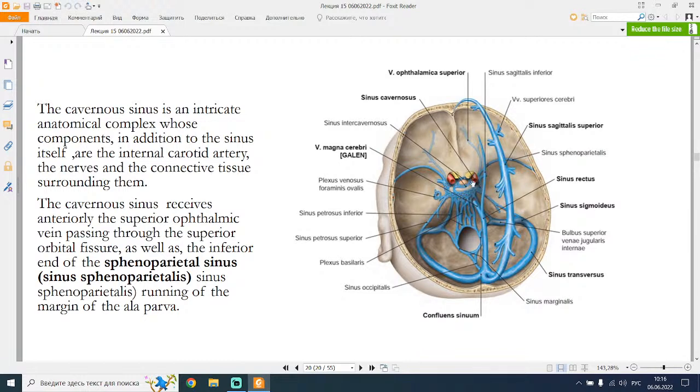The cavernous sinus receives anteriorly the superior ophthalmic vein, passing through the superior orbital fissure, as well as the inferior end of the sphenoparietal sinus.